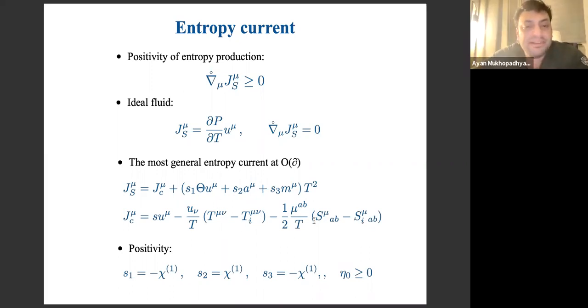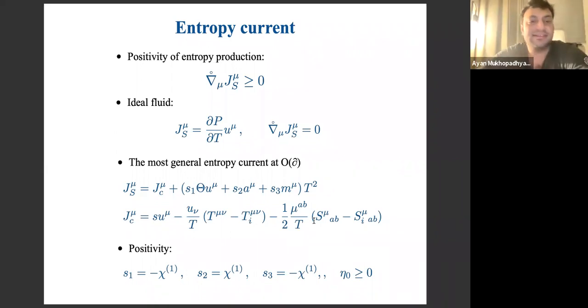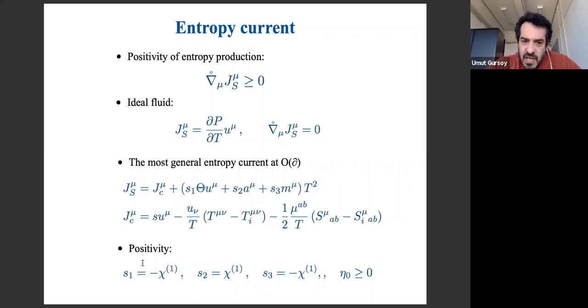Sorry, why does capital M not appear in the entropy current? I'm assuming again conformal invariance. Ah, okay, sorry, yeah. So in that case, unfortunately, the only thing that you get is that you just determine these coefficients in the non-canonical contribution to the entropy current in terms of these transport coefficients that I introduced, which entered the effective action, this chi1.